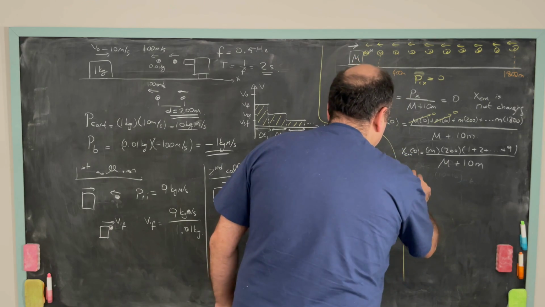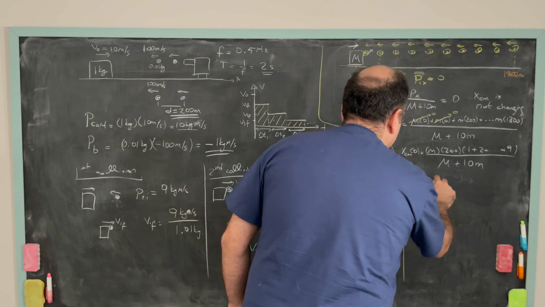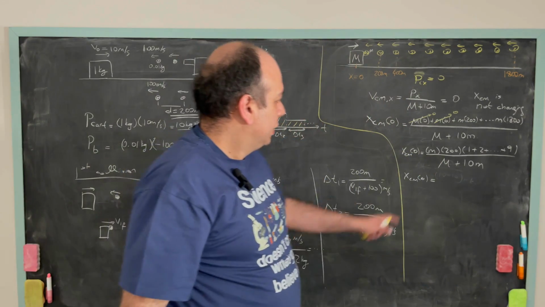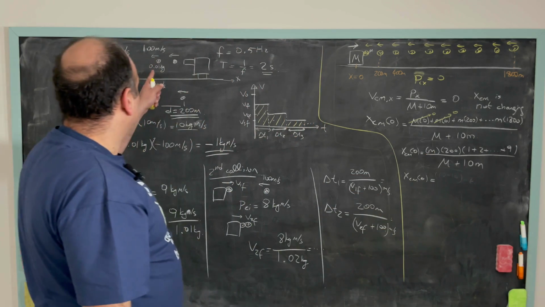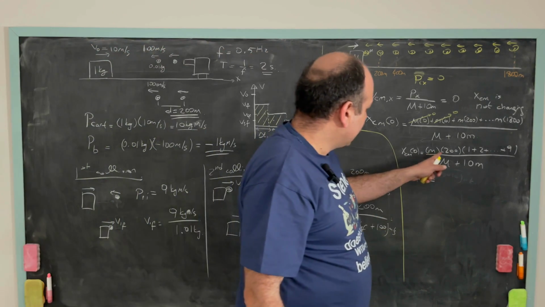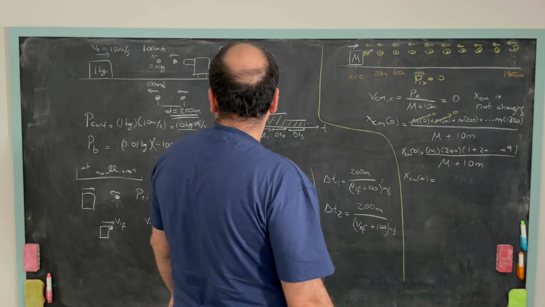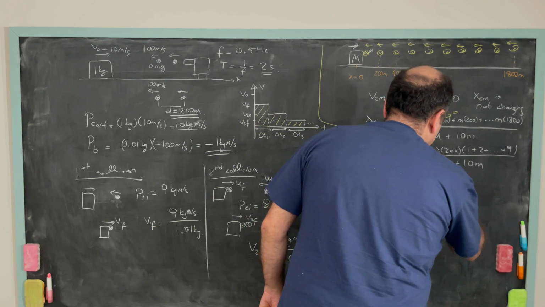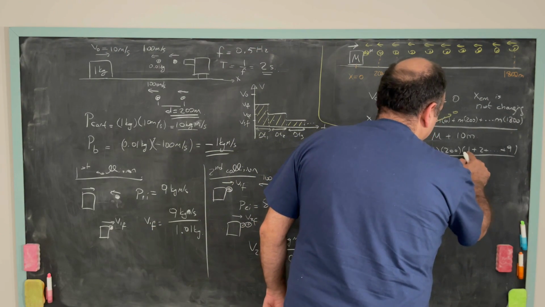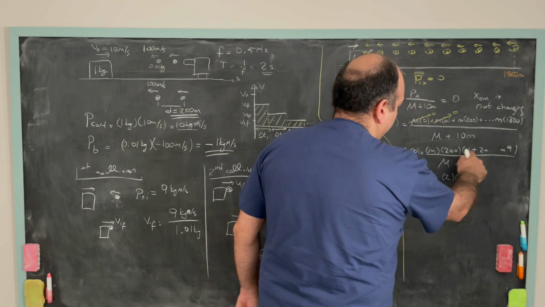So x center of mass when t is equal to 0 is simply equal to, little m is 0.01 times 200 gives me 2, right? So this is 2 times the sum of numbers from 1 to 9.